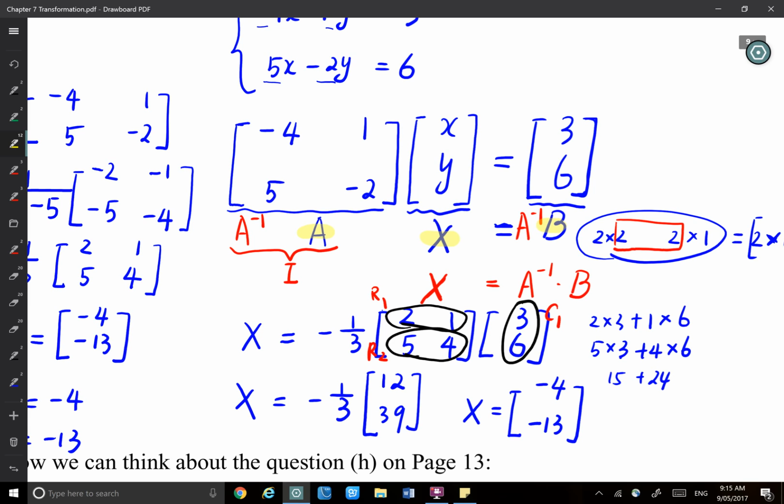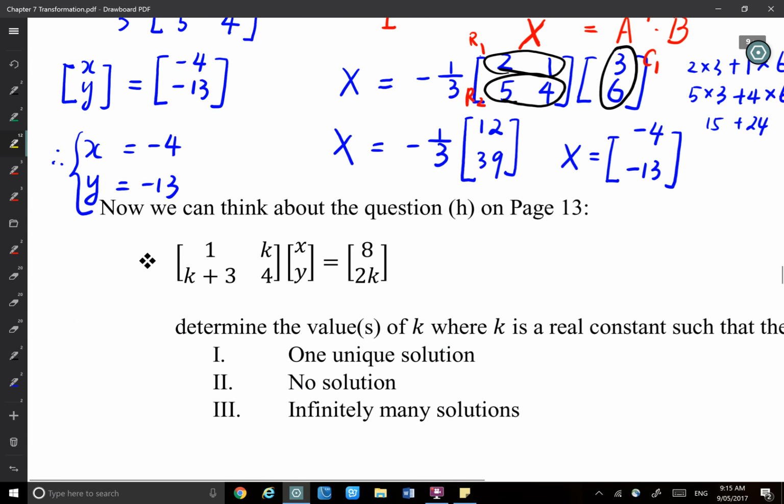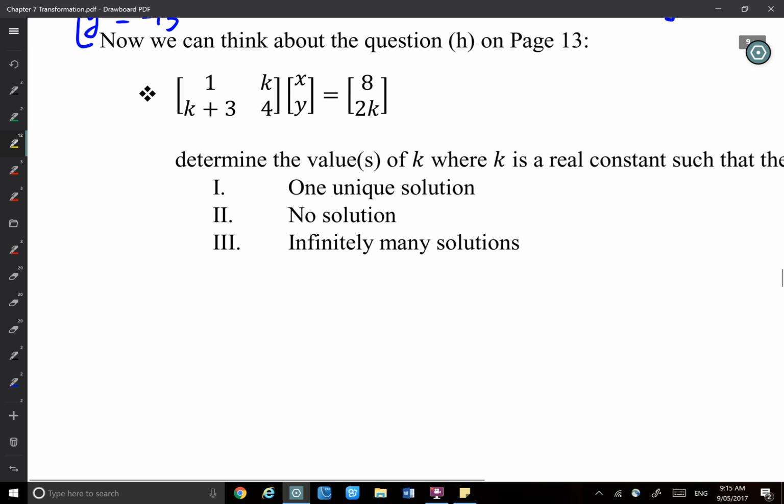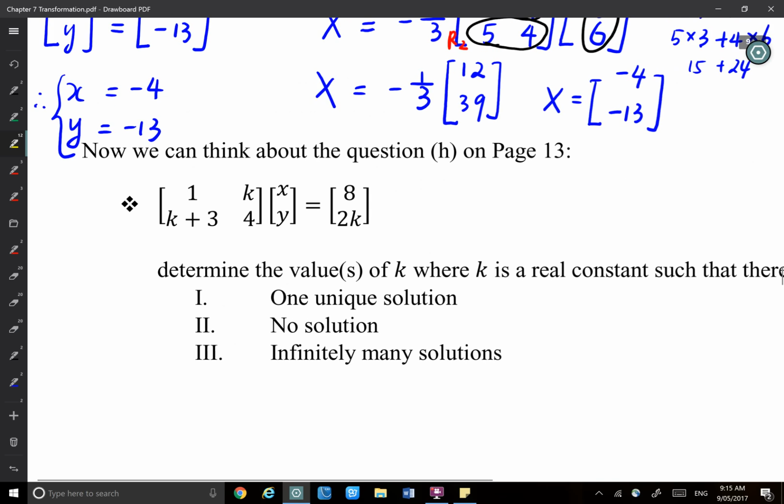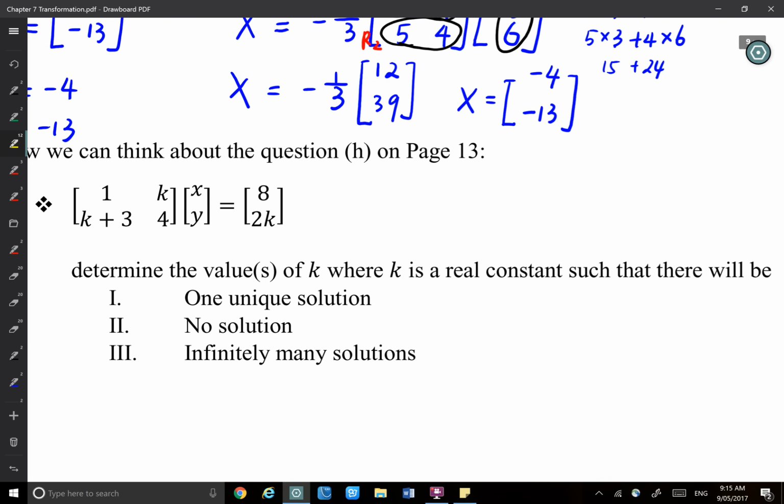And the method we used at that time is we equalize the gradient and we equalize the y-intercept. And we compare those values and we say in which case we have unique, which case infinitely many, which case no solutions. That's what we learned at the very beginning. Also, this question can be done by using the matrix method.